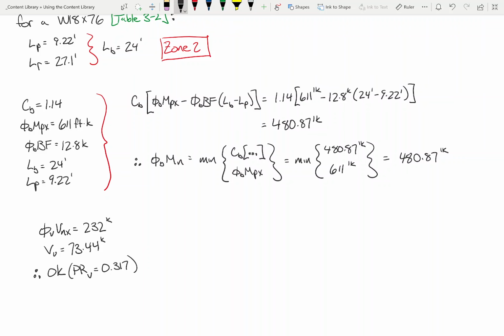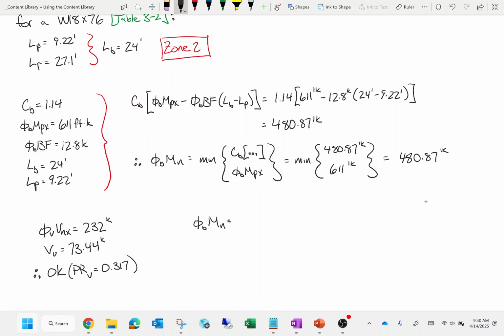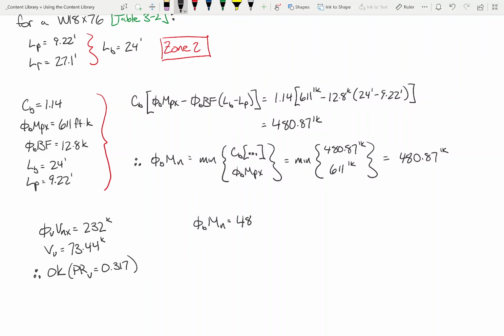Okay, moment. We now have a moment capacity. And just so that we're all paying attention, what is that moment capacity? 480.87. And I compare that against an MU, which is 440.64. This, not that. This was just an analytical tool to be able to use the table.